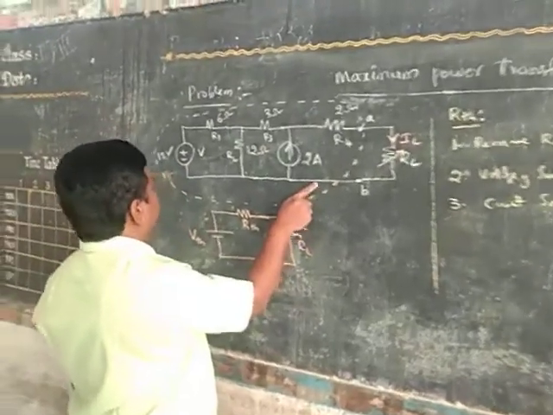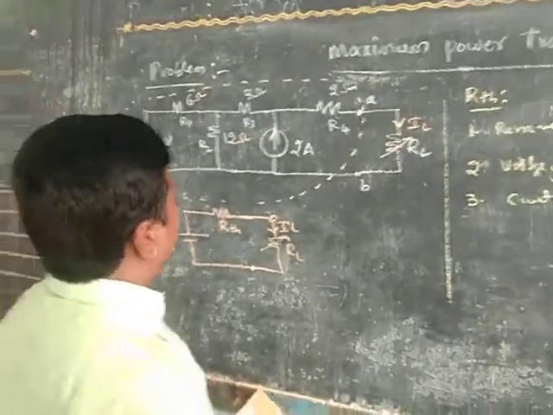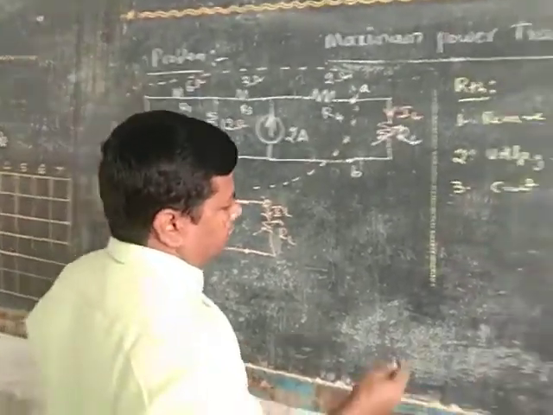In this circuit, voltage source short circuit, current source open circuit, and draw the circuit diagram.